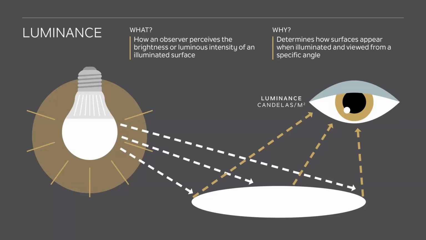Is it granite? Is it wood? What type of composition is that surface? That also affects the luminance of the light. How much natural light is coming into that space also will affect the luminance. And also our age. As we all age, we will need more light. And that's just a given when we're working with our clients.